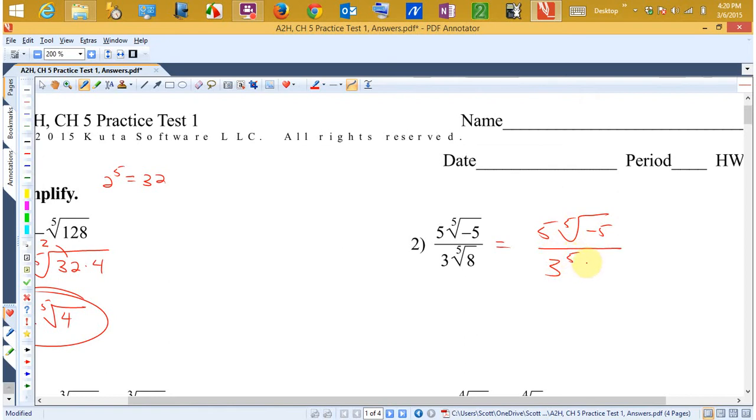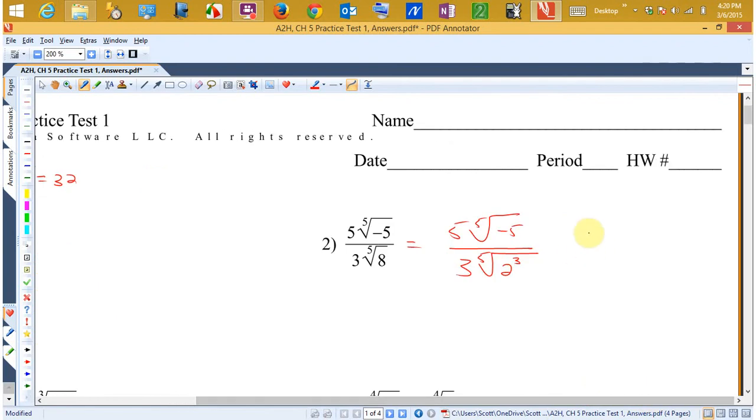And what I need to do is get this 8 to be a perfect fifth root. So 8 right now would be 2 times 2 times 2, that would be 2 cubed. So what I need to do is get that to be a 2 to the fifth power. So what I really want to have is 3 times the fifth root of 2 to the fifth.